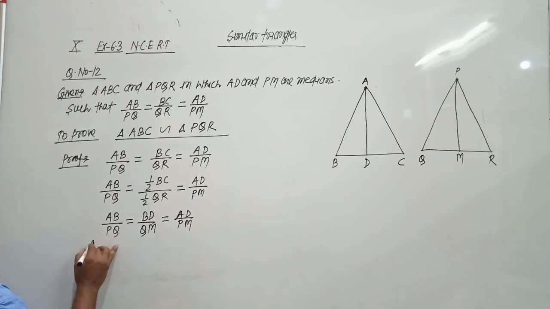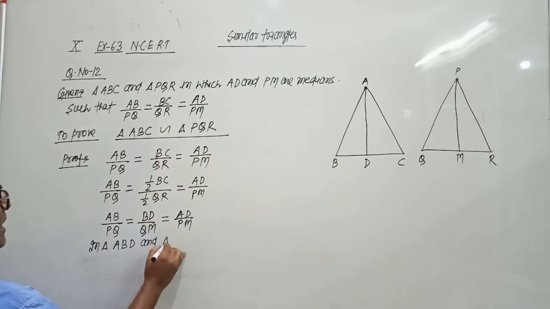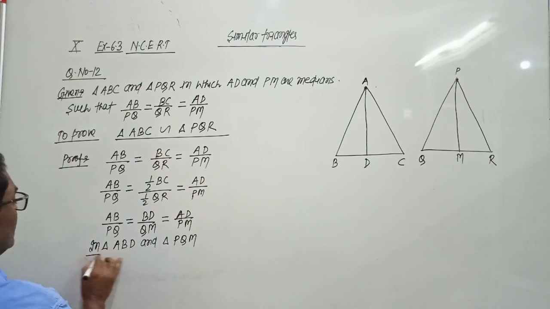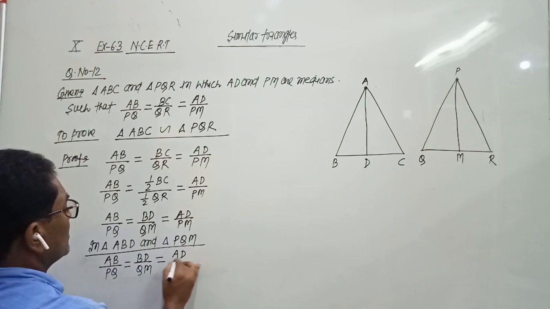So now in triangle ABD and triangle PQM, sides are in proportion, means AB upon PQ is equal to BD upon QM is equal to AD upon PM.